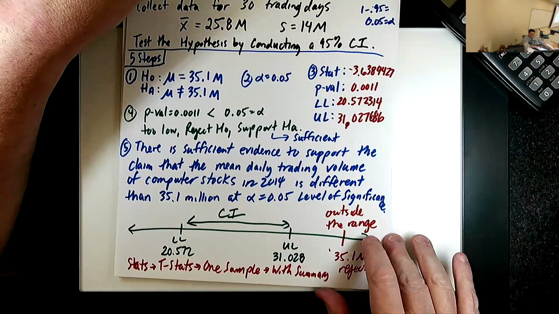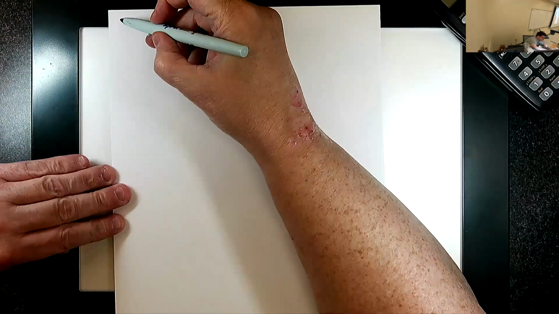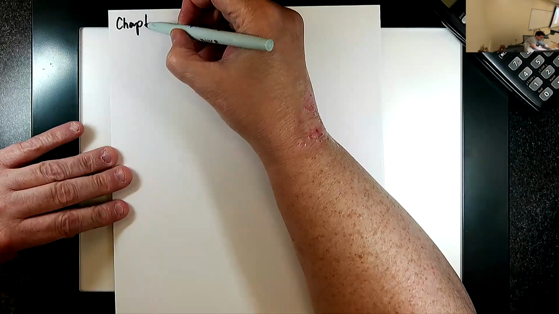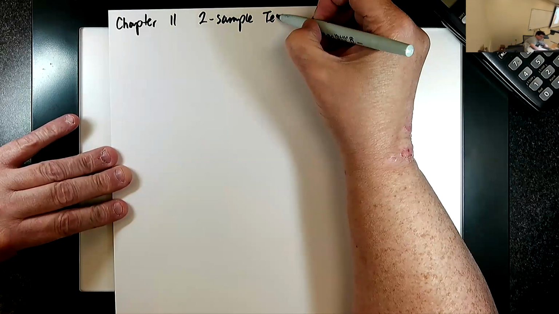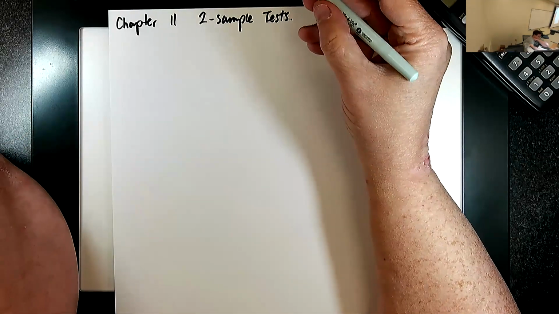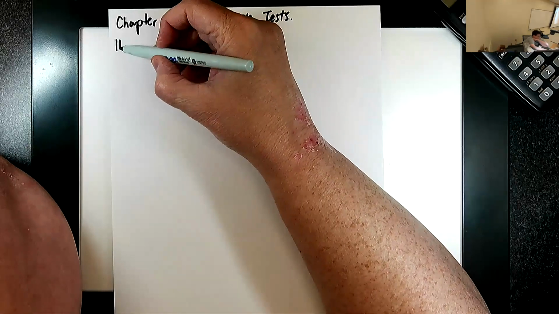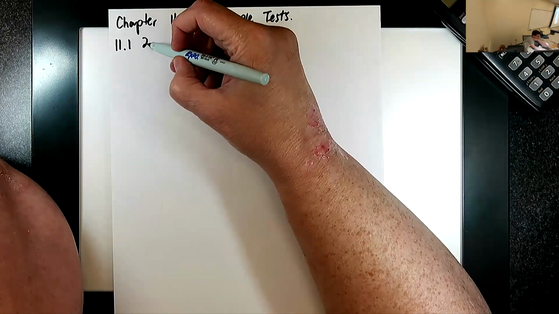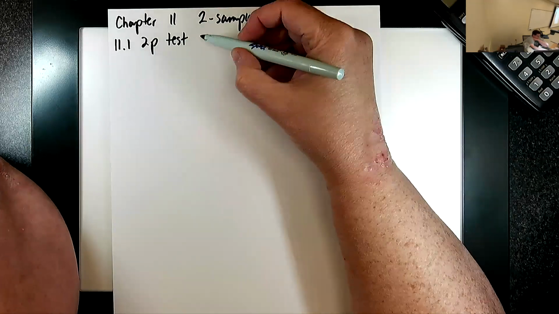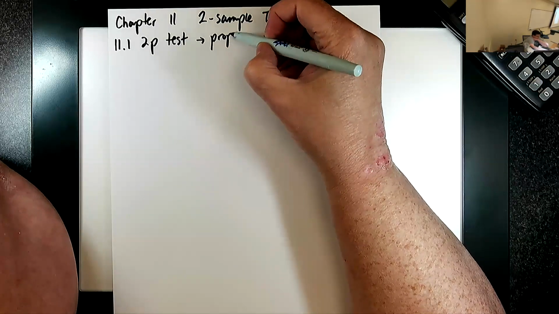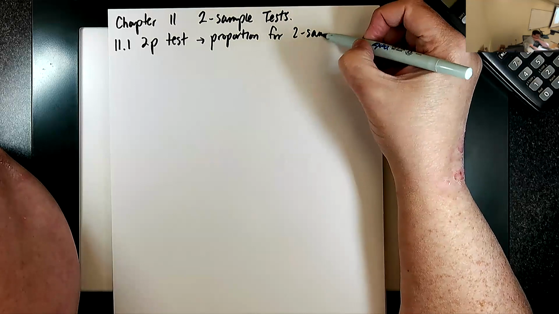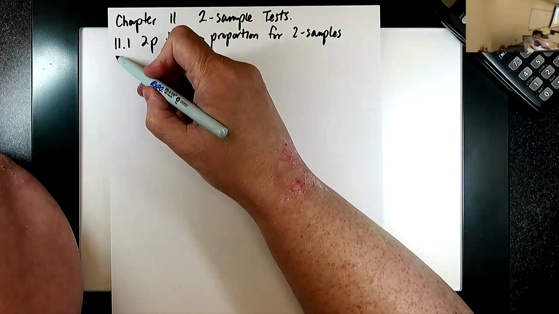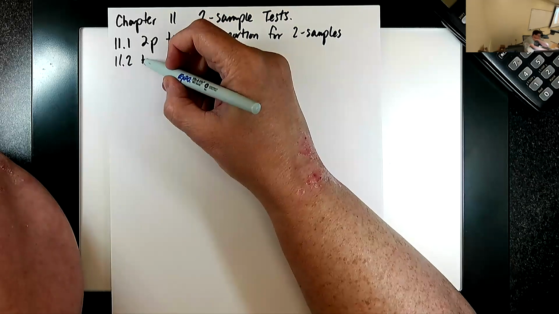All right, you guys ready to talk what's next? Chapter 11. Chapter 11 is on our two-sample tests. 11.1 is on, I call it my 2P test. It's the proportion test for two samples. 11.2, for some reason they went to the paired means test first.